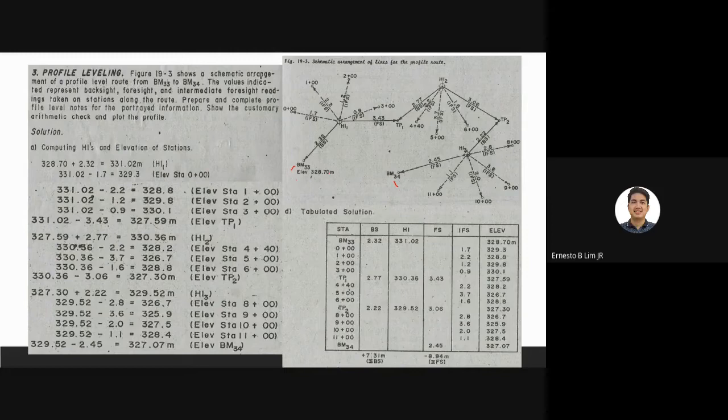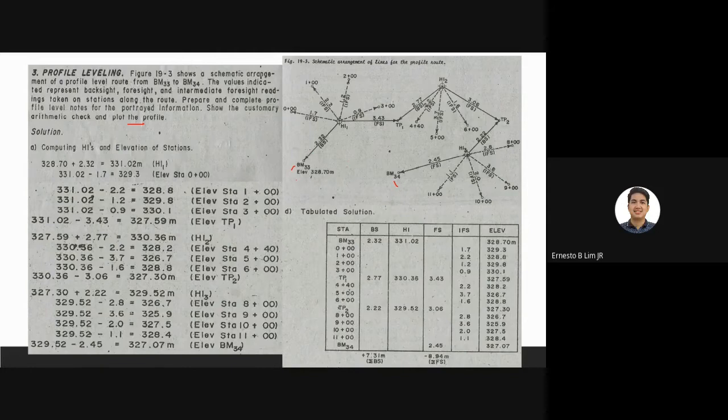The values indicated represent backsight, foresight, and intermediate foresight readings taken on stations along the route. We are tasked to prepare and complete the profile level notes for the portrayed information, also show the customary arithmetic check, and plot the profile of the given schematic arrangement.